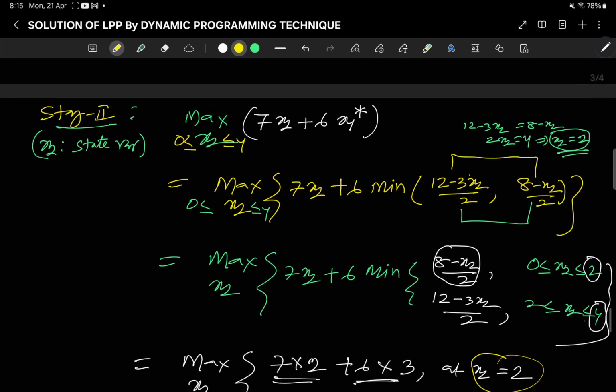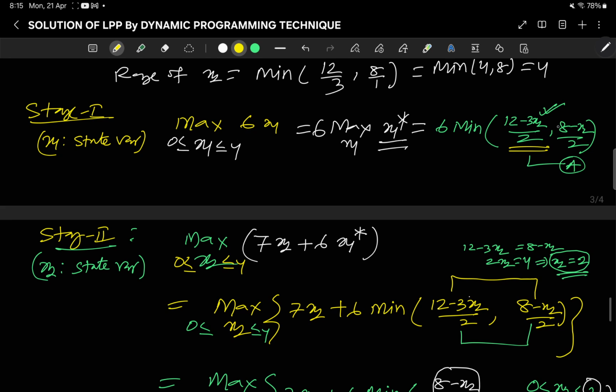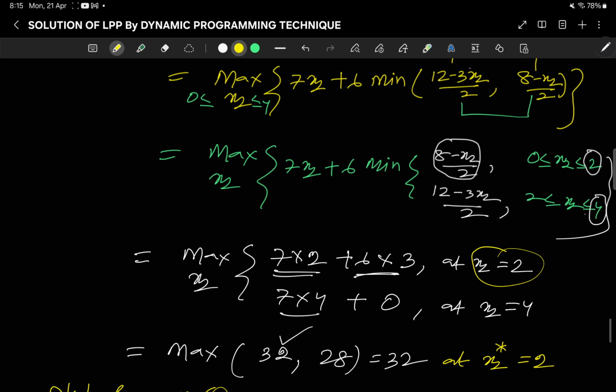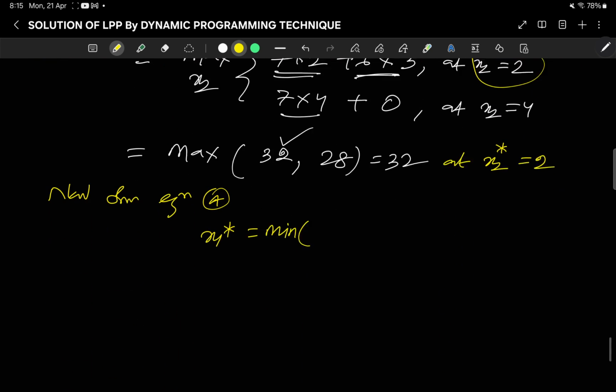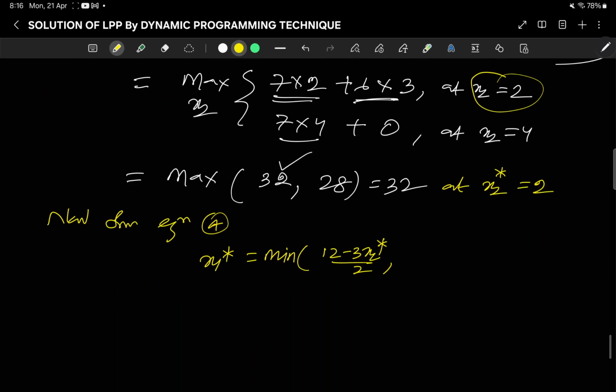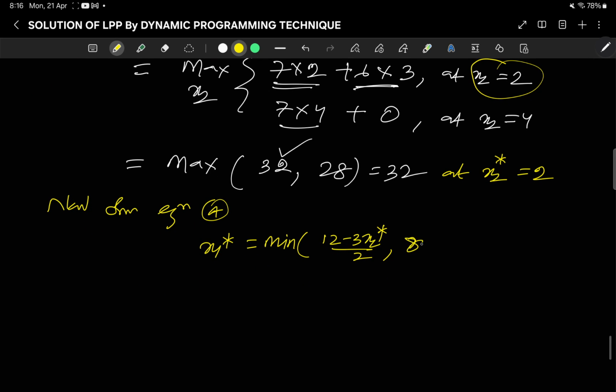Now I substitute the value of x2 here. From equation A, my x1 star is equal to the minimization of (12 minus 3x2 star) by 2 and (8 minus x2 star) by 2.